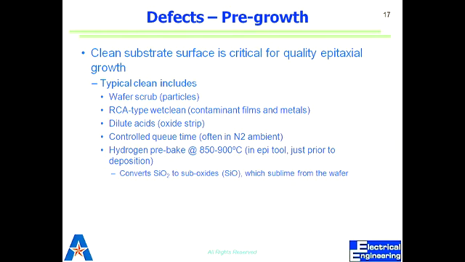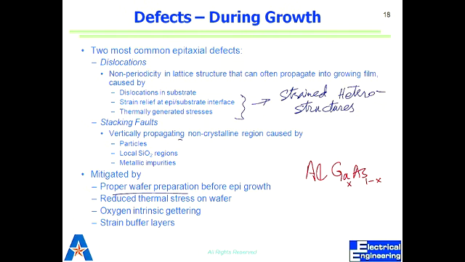Of course, I don't have to tell you this. We have to clean our wafer to reduce contamination. So that's before we start. We can get rid of defects, because if we don't do that, then we have incorporated defects. What are two common defects? One is dislocation, which of course comes from the mismatch of lattice, right?